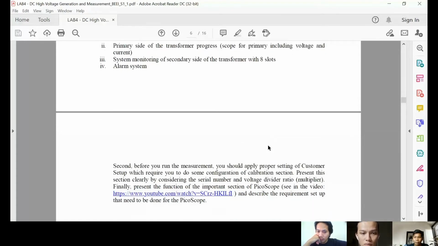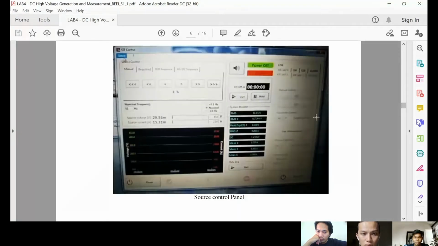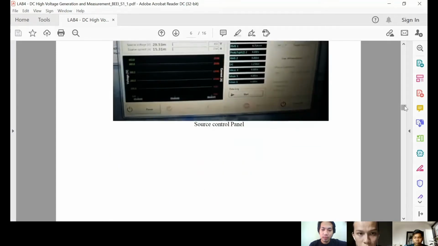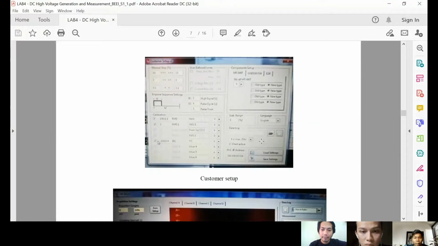Firstly, I will show the kit control window, which consists of the calibration of DC output voltage. We will increase from 0% to 50% and observe one by one, and this is the custom setup for the frequency converter.